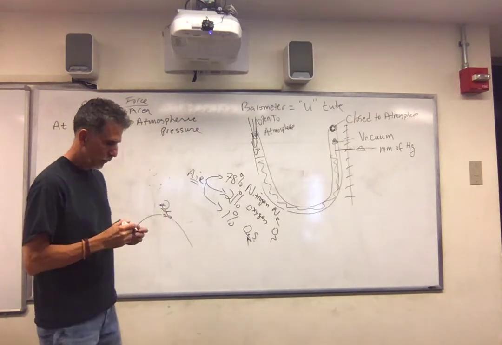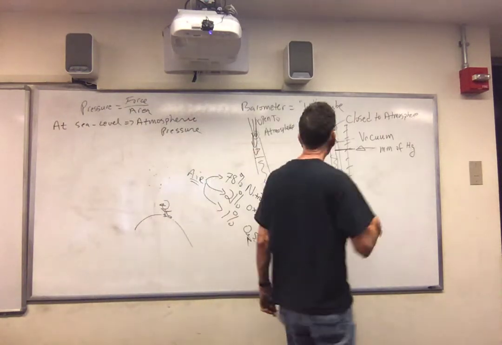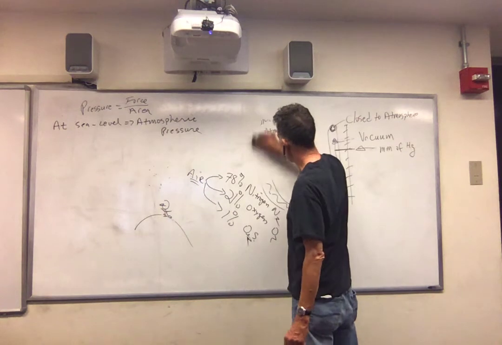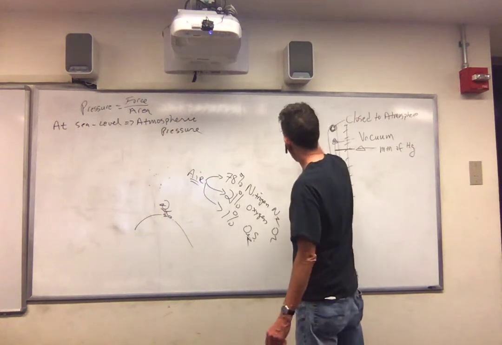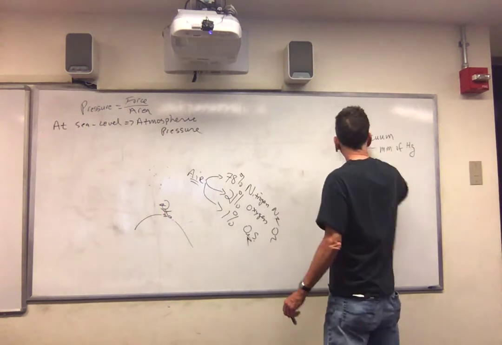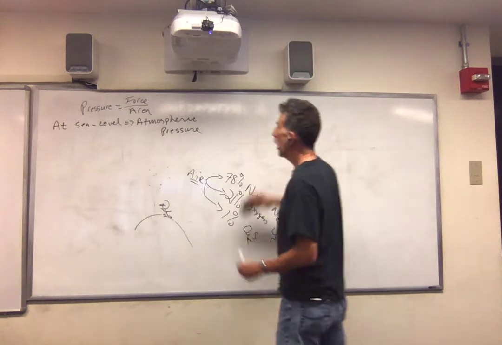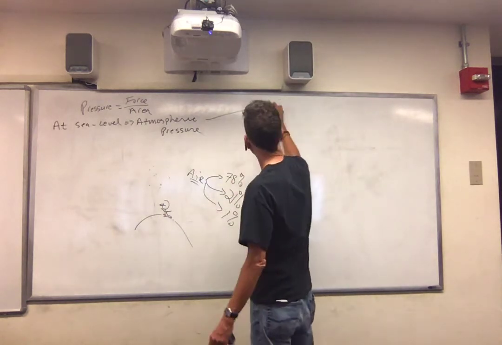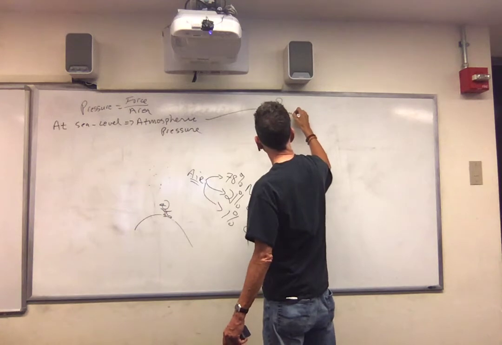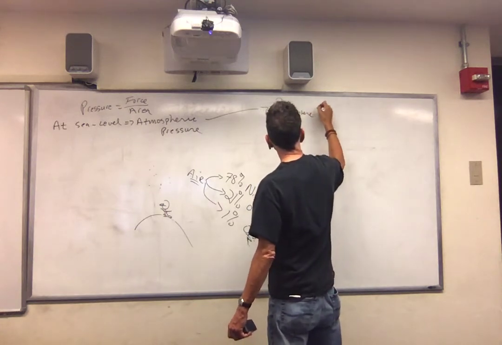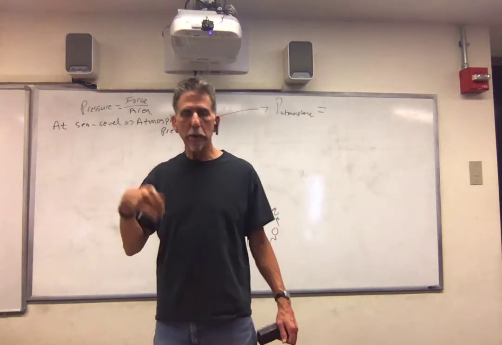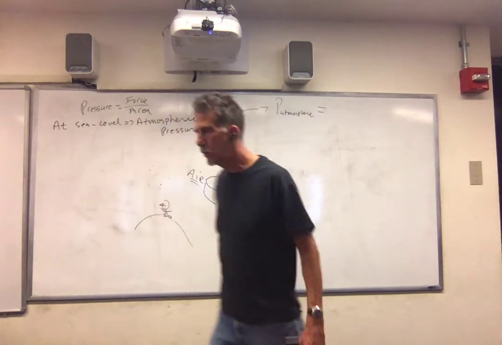I'm going to come over here, and I'm going to tell you some units for atmospheric pressure at sea level. Our first unit, P atmosphere: the first unit we talked about was newtons per meter squared, which was a Pascal.